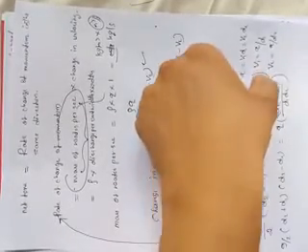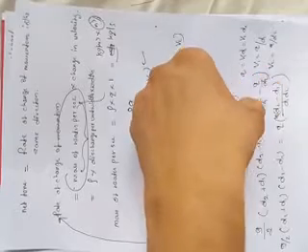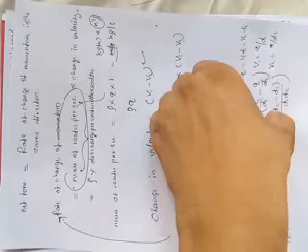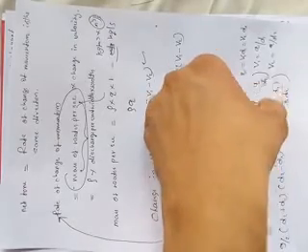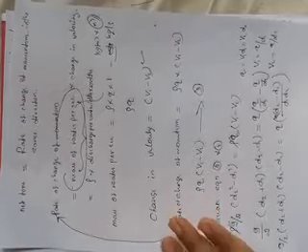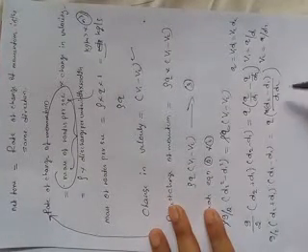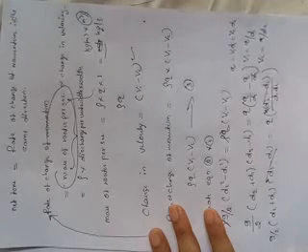Just take q outside. Now simplify this. So d2 minus d1 is going to cancel out.